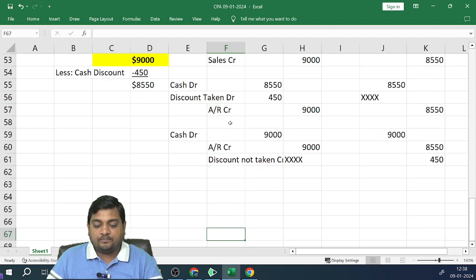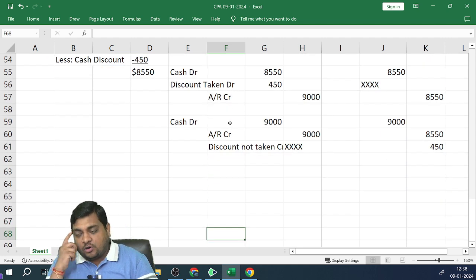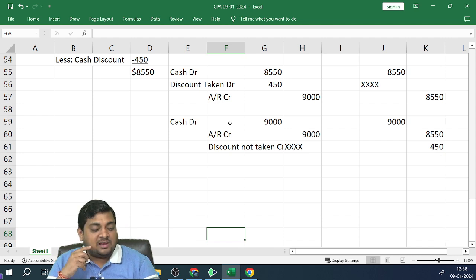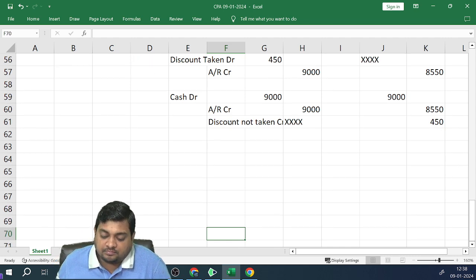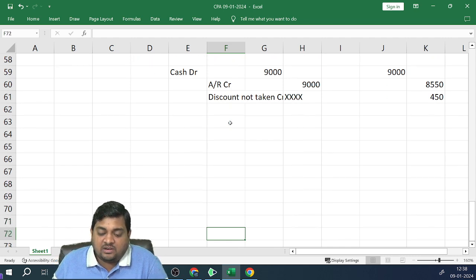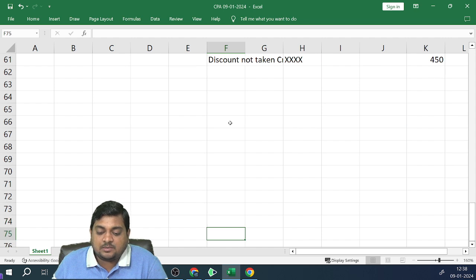Okay. Now, I've already told you that trade receivable should be shown in the balance sheet at net realizable value, right? So in case of discount, I have already told you, it depends upon whether you follow gross method or net method, right?